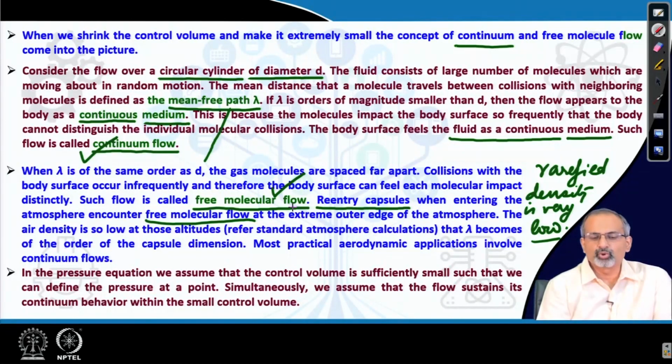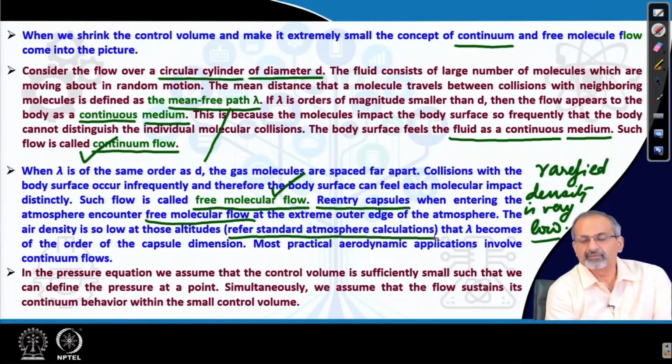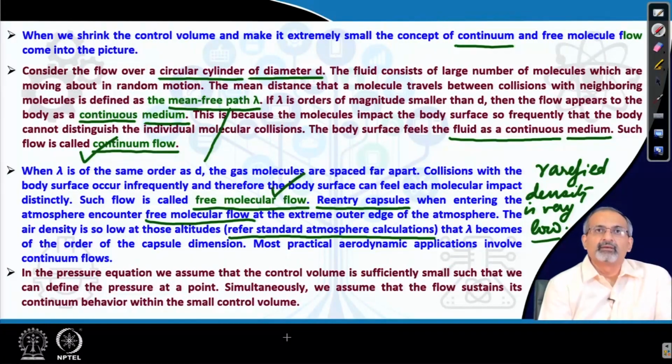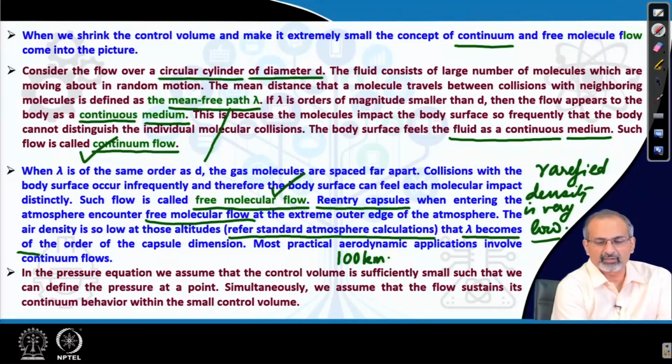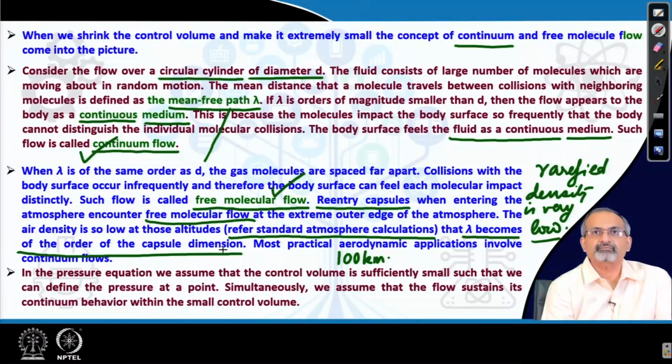The air density is so low at those altitudes, we refer to the standard atmosphere calculations to figure out what they could be like. Say, if you perform the calculations which we discussed in the earlier lecture at an altitude of 100 kilometers or so, you will find out how low the density is, and then the mean free path becomes of the order of the capsule dimension.